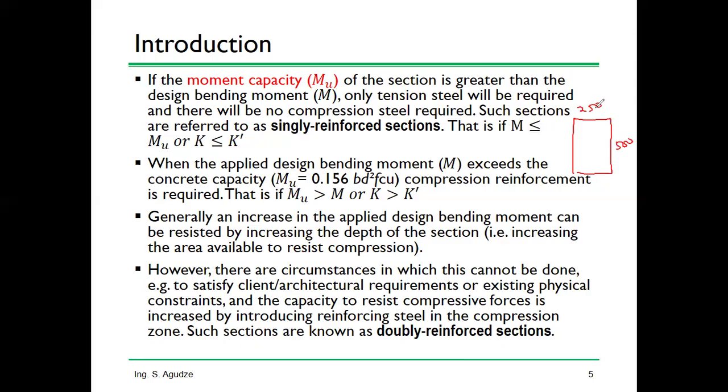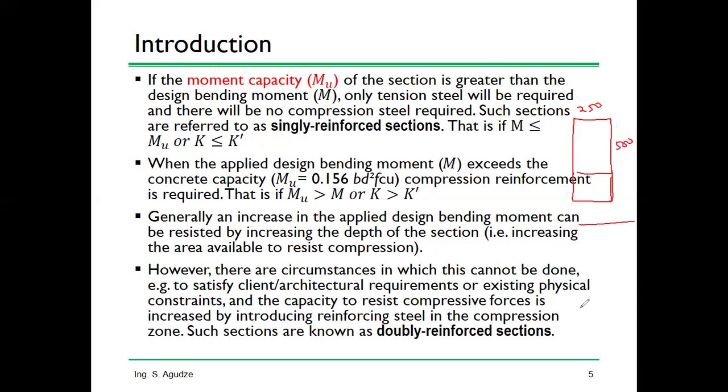If the concrete capacity is less than the moment capacity required, one other means of ensuring you get a singly reinforced beam is to try to increase the depth of the beam. By increasing the depth, you would be able to meet the requirement of singly reinforced.